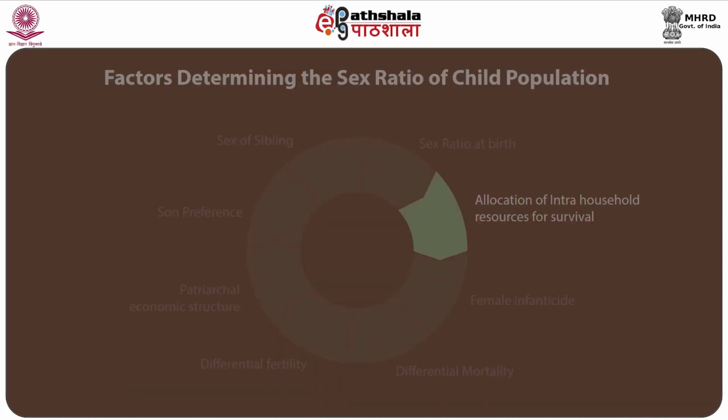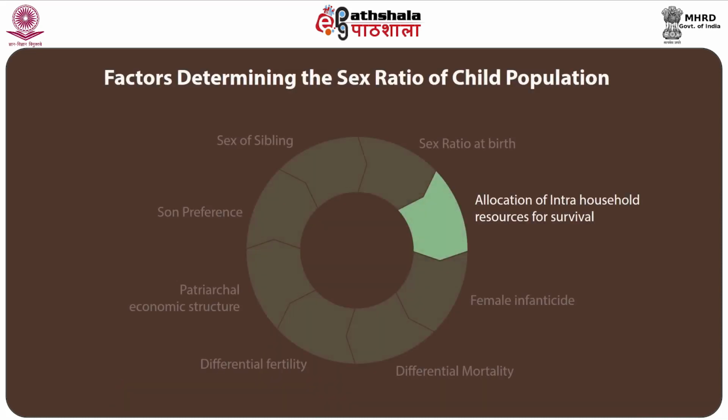There are also many other factors which influence child sex ratio. Child sex ratio is also the result of the sex differentials in mortality at younger ages. As we have already pointed out, the sex ratio is the result of the differential survival chances of males and females.